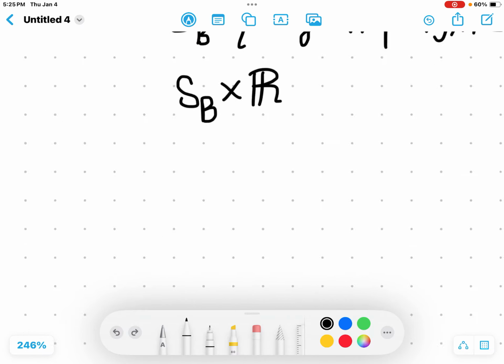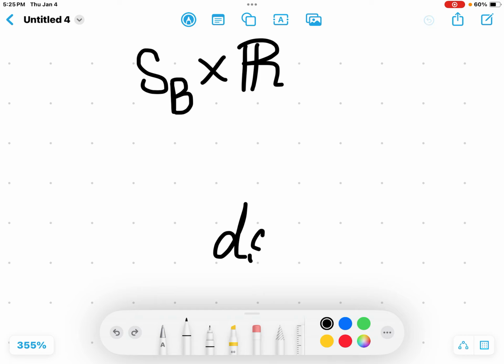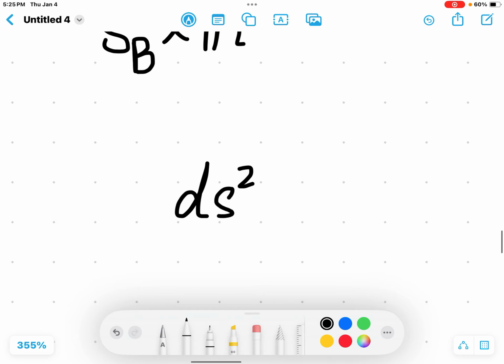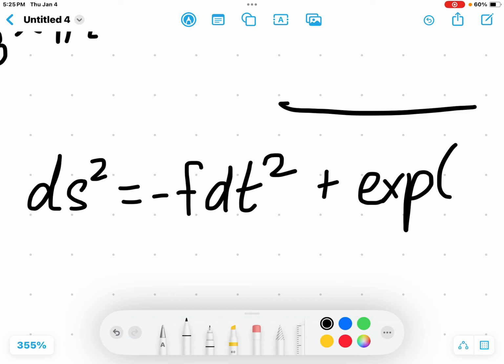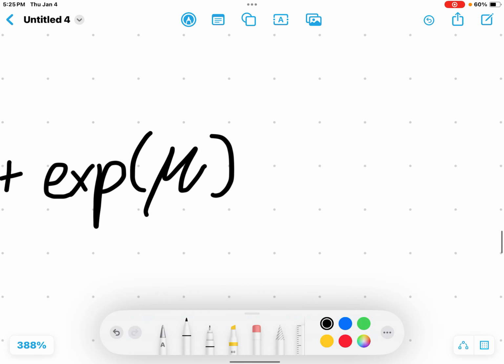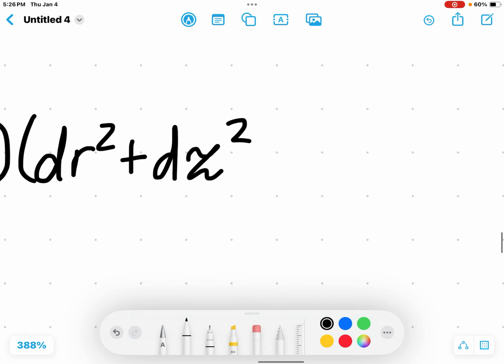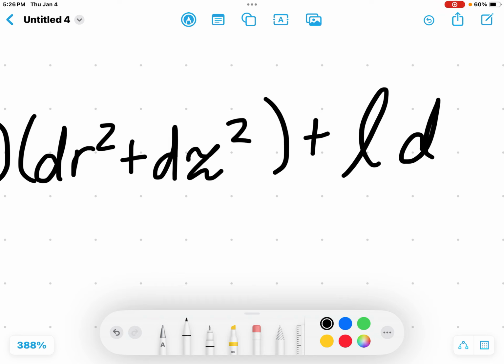There's a general form of the line element, and it is the following: ds squared is equal to minus f dt squared plus exp of mu times dr squared plus dz squared, plus L, I'll pick this type of L, d phi squared.